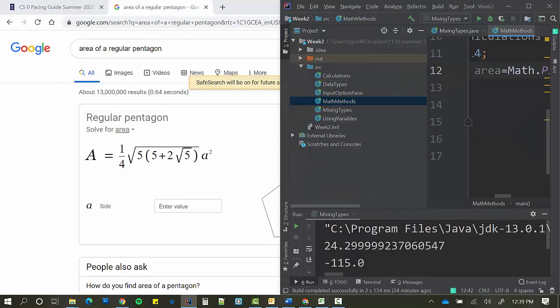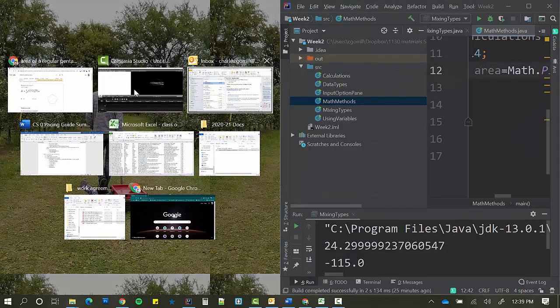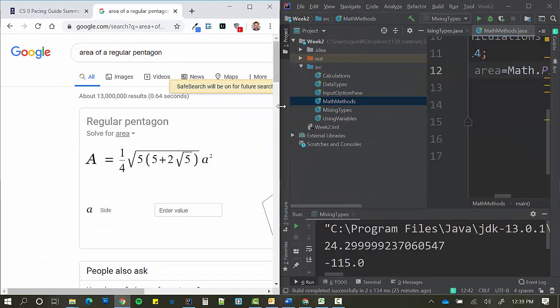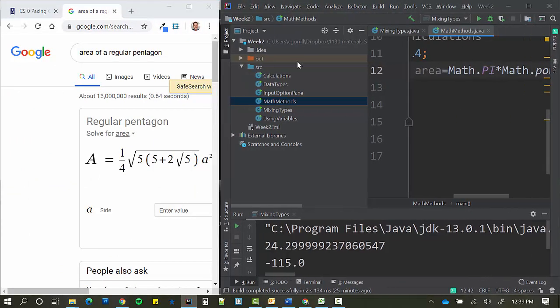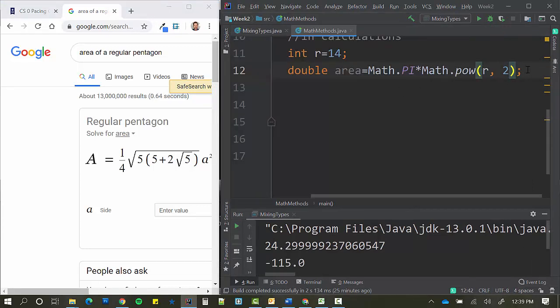I'm going to move this off to the side so I can see both. Give us some more room here. And I'll go double a, and I'll say that is 5.0.